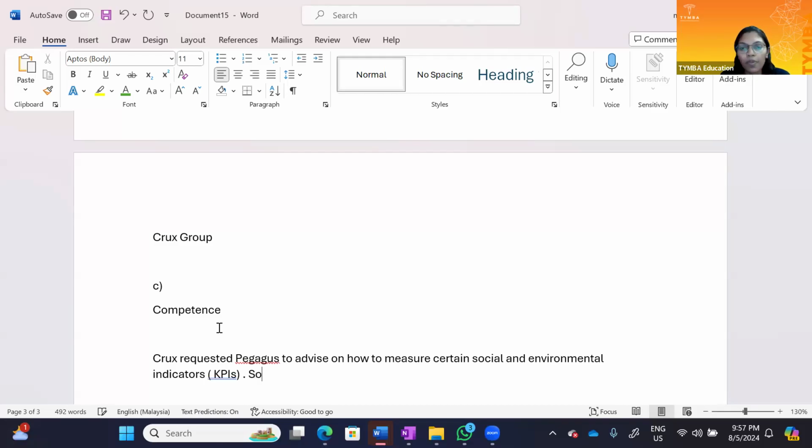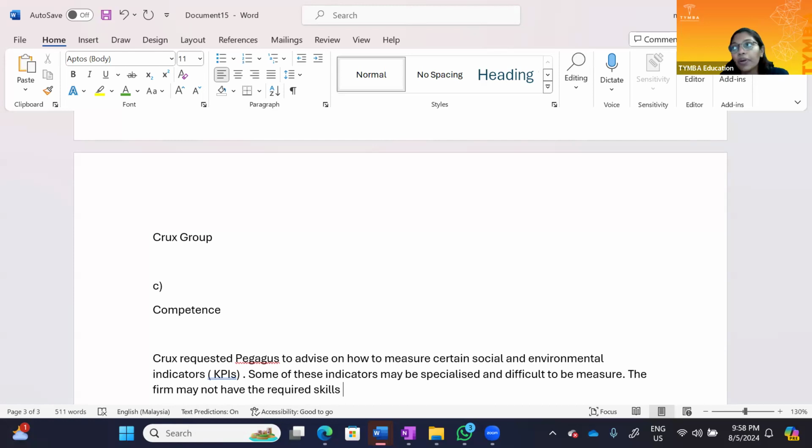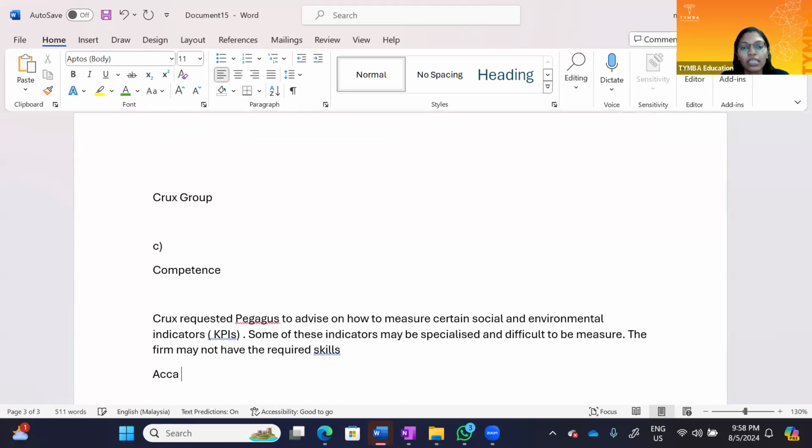Some of these indicators may be specialized and difficult to measure. So the firm may not have the required skills, and we want to mention the ACCA code.